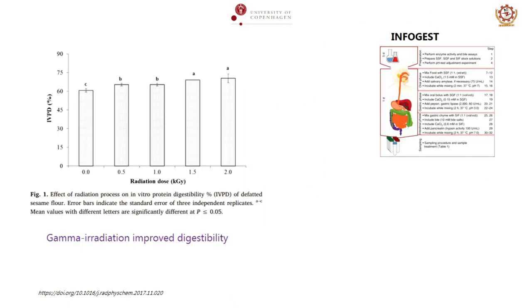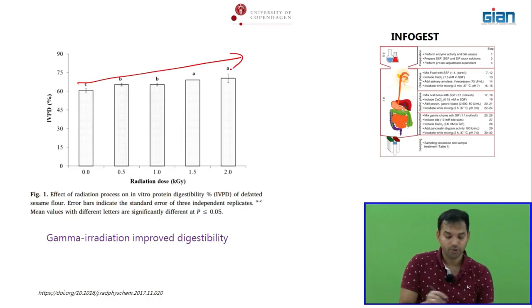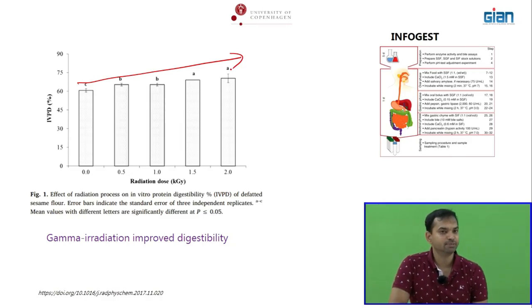Another very interesting thing I found is that in that paper, they also showed that you can increase the protein digestibility by gamma treatment. There are a lot of reasons why the digestibility increases. One of the fundamental reasons could be protein unfolding. Unfolded proteins are apparently more digestible than folded proteins, because plant proteins are usually less digestible simply because there is a high degree of folding.